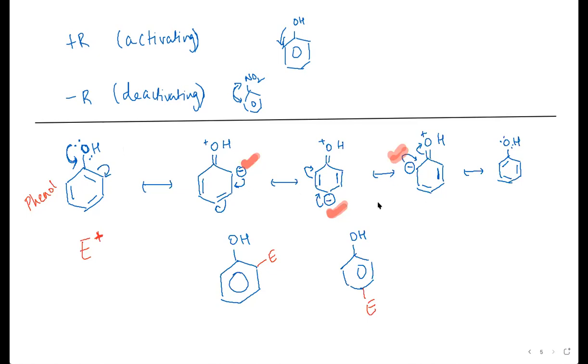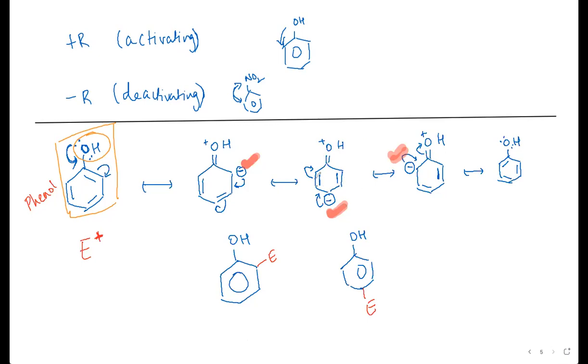So this is what is called the directive influence of the functional group in a monosubstituted benzene. Some groups will direct the next substituent to be in certain positions only. The OH group is saying that the next electrophile can attack either ortho or para positions only. Similarly, some other groups are going to say, okay, you're an electrophile, you can only get substituted in the meta position.